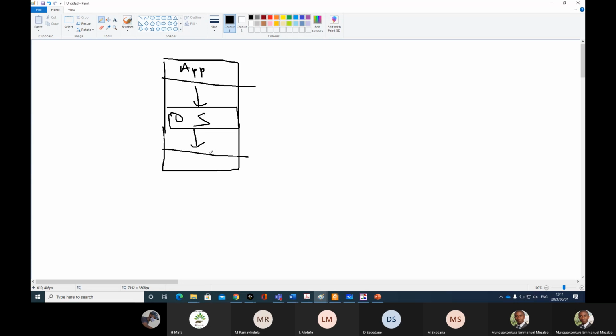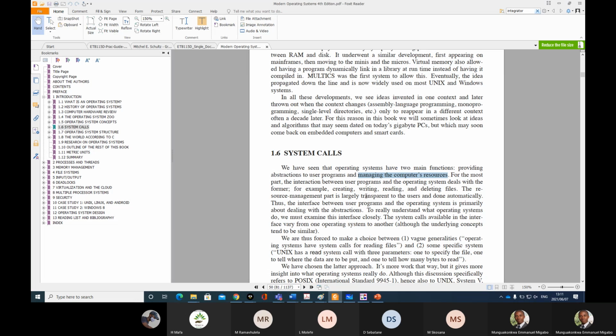Is that okay? It is used as a platform, a transitional platform, to talk to the hardware, but to serve whom? To serve the user programs: Word, Excel, calculator, any form of application you can think of, such as the Home Affairs registration application, for example. So the operating system definitely plays an abstraction role for user programs.